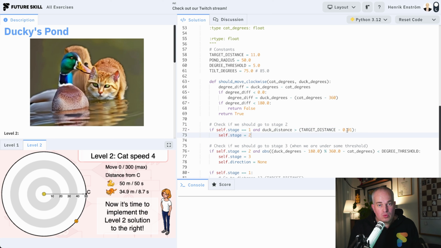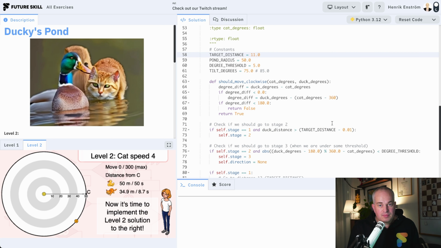Here we set a super small difference, since we are comparing floats, so we can't do an exact equality. Because we know we're going to move 1 meter per move, we are going to find ourselves at exactly 11. If this number had been chosen to be 11.3, then this difference would be far too small. That would be a problem.